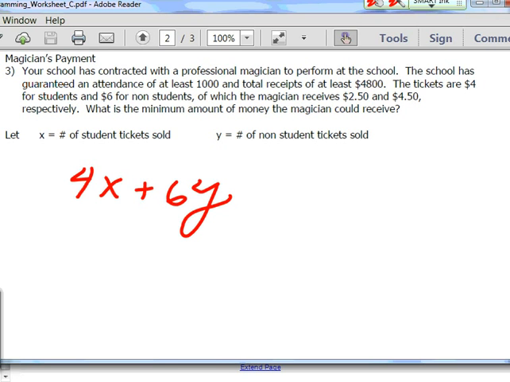That just figured out the money for the students and the money for the not students, and what do we know about them? I encourage you to finish right now. You've got it. Excellent. You're going to rearrange it for me too, so there's equals.